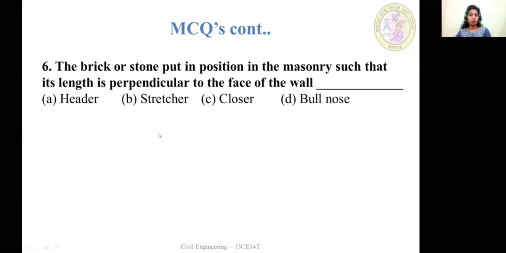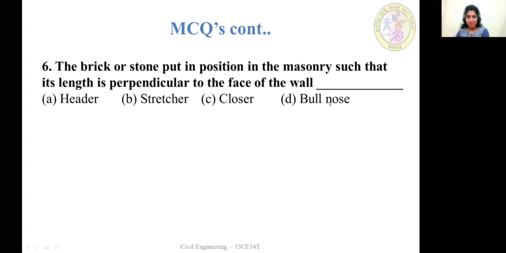The brick or stone put in position in the masonry such that its length is perpendicular to the face of the wall. Dash. Option A, header. Option B, stretcher. Option C, closer. And option D, bullnose.